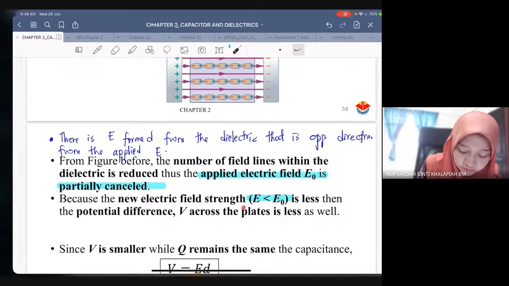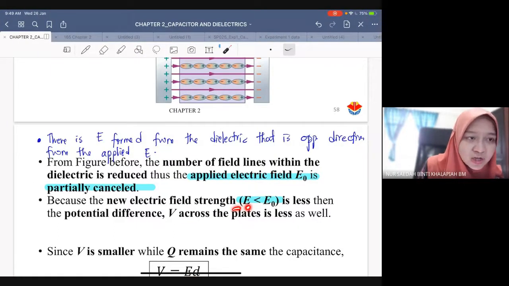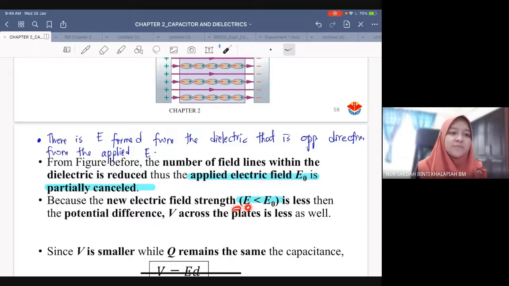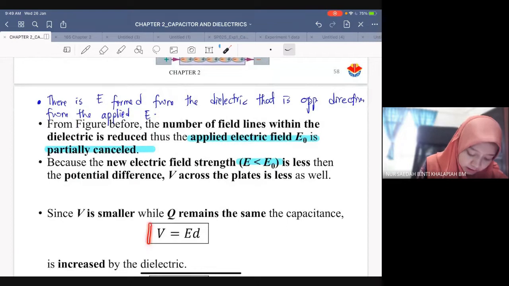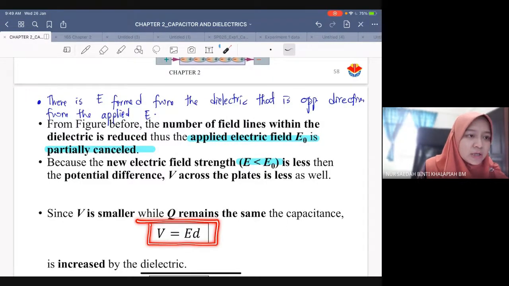So electric field with dielectric is less than electric field untuk kapasitor yang kosong. Okay. So from the formula V equal Ed, dia kata E kita bila letak dielectric, E kita berkurang. Bila E berkurang, apa berlaku kepada V?